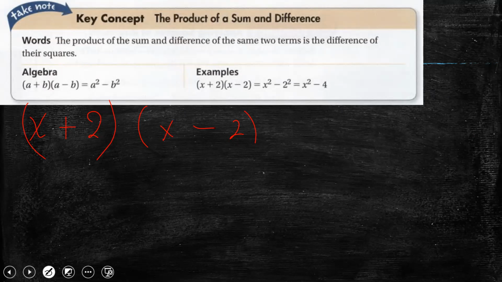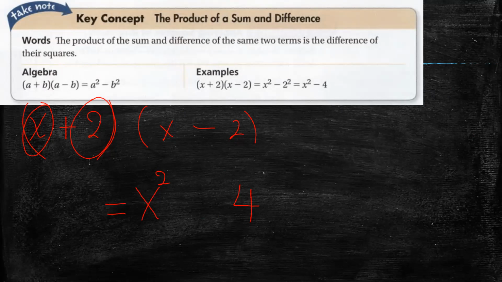So what is the rule that I have to use if I have two functions that are a sum times a difference? The rule is: take the first function and make it a square. Take the second function and make it a square. I mean 2 squared and x squared. And then every time, if you have a plus times minus, it must be minus.